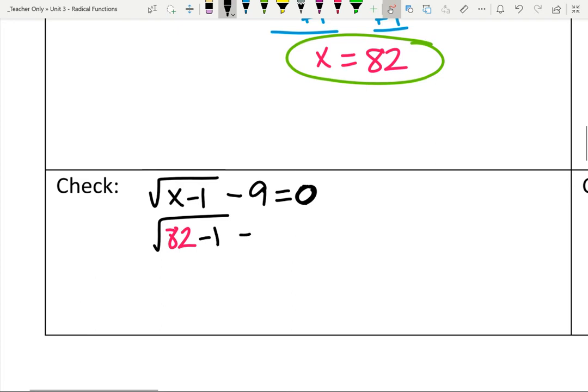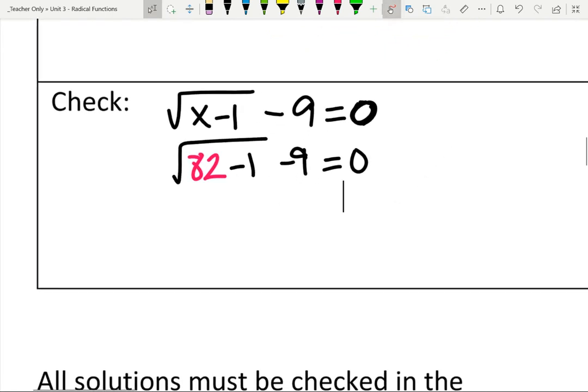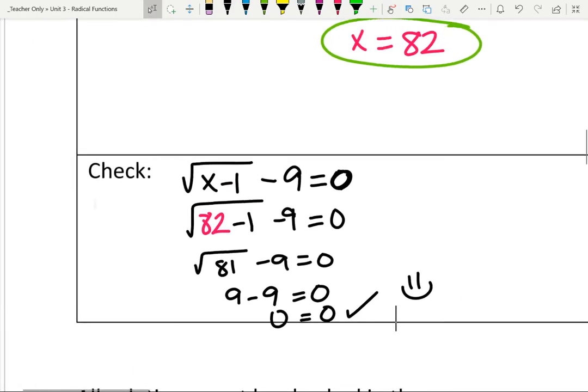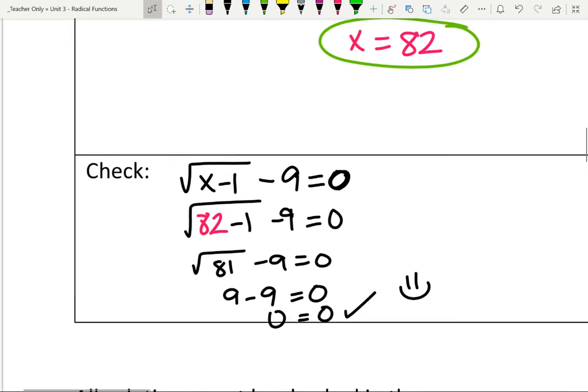So the square root of 82 minus 1, minus 9, is equal to 0. Let's keep simplifying just a little bit. That would be the square root of 81 minus 9 is equal to 0. And the square root of 81 is, in fact, 9. So we're going to get a statement, 0 equals 0. That is true. We're happy about that because our solution, x equals 82, is perfect.